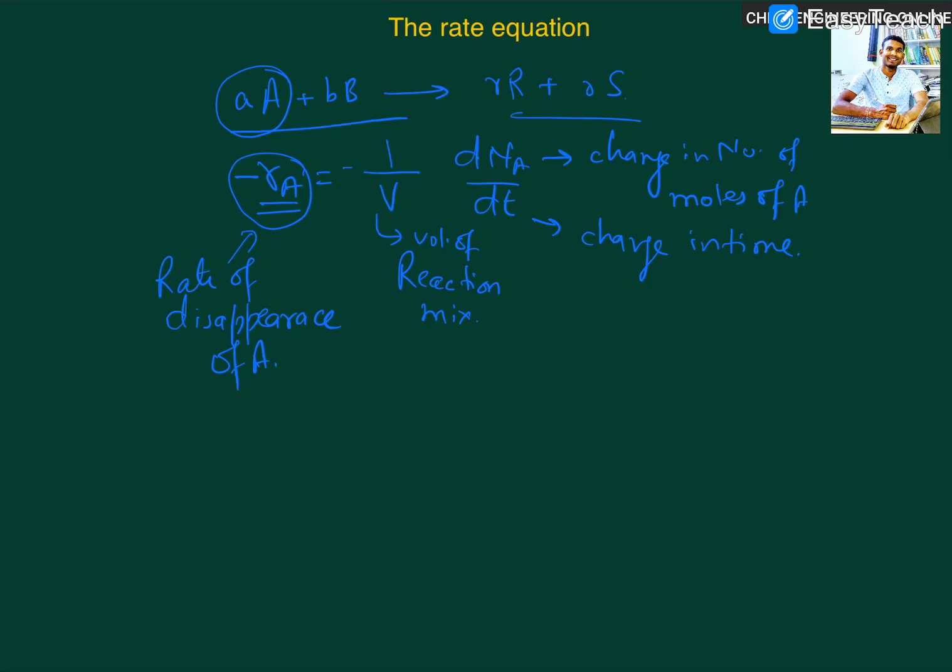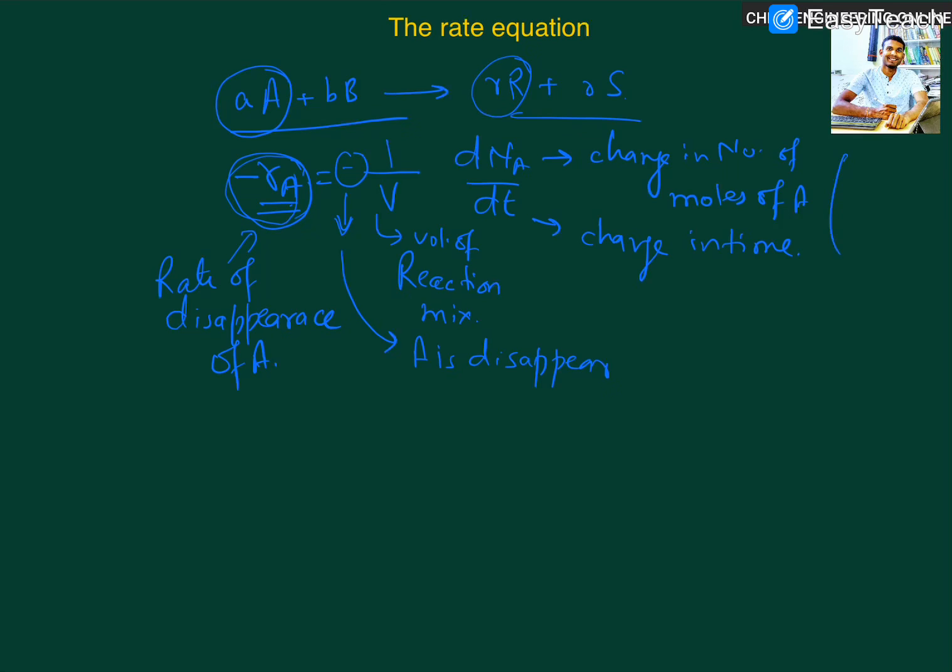The negative sign indicates that A is going to disappear. If we write it based on the product, this negative sign will not be there, because products are forming and reactants are disappearing. So we can write it interchangeably based on what we are defining the rate. We are defining the rate based on the key reactant, which is why this minus sign is there.